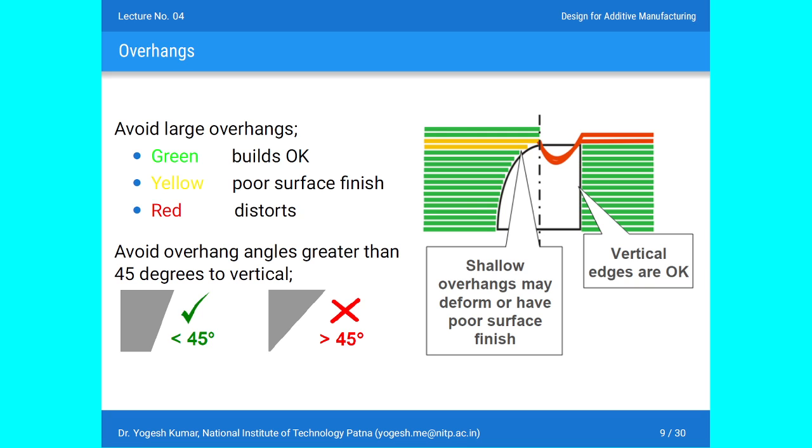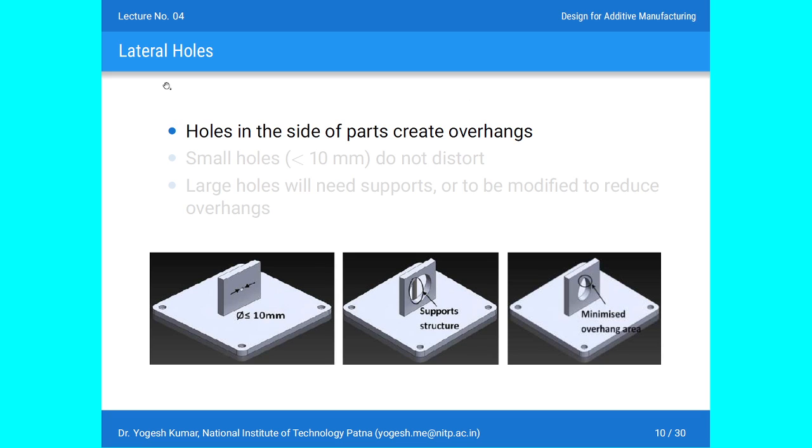Okay, so move ahead. Let us talk about lateral holes in the case of your 3D printed component. Suppose you are printing a component which has a feature like a lateral hole. Try to see here.